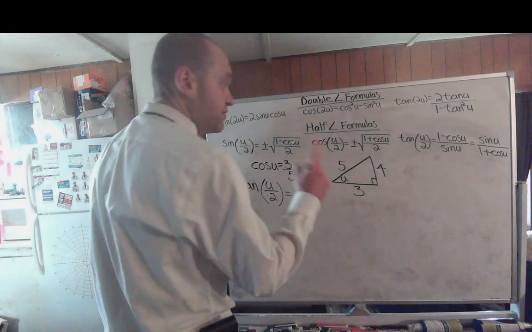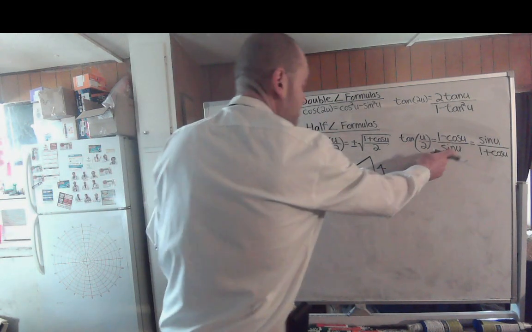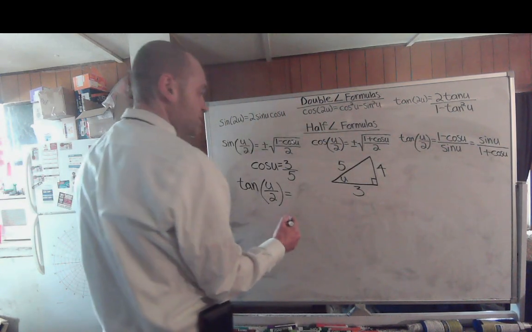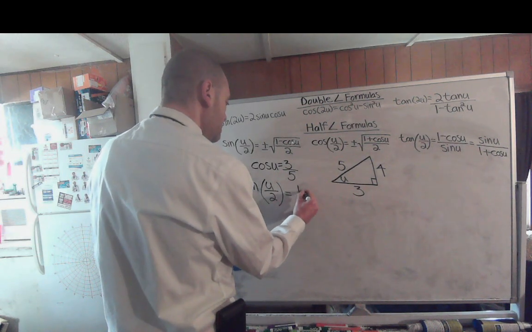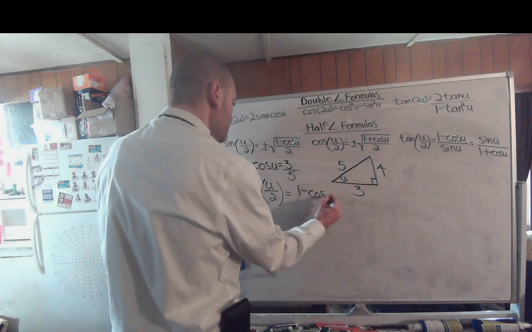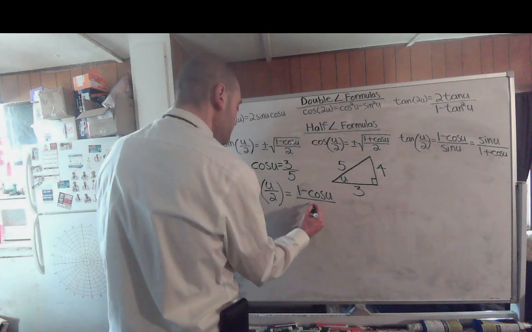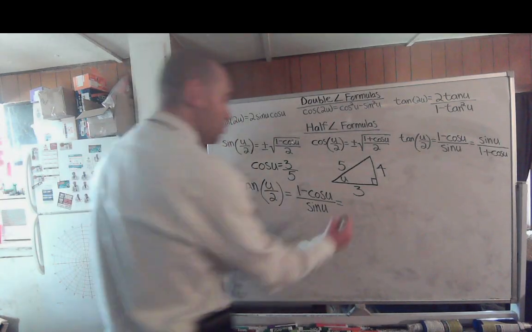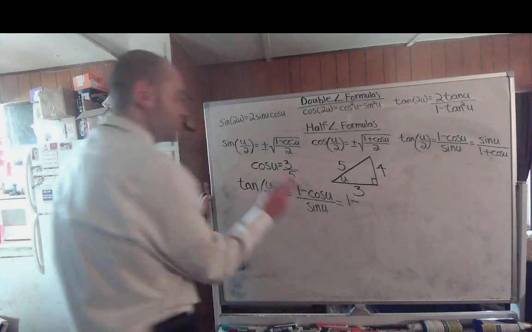So the tangent of u over 2, we do have a couple special formulas for. Let's use the 1 minus cosine of u over sine of u. So 1 minus the cosine of u over the sine of u, which is going to equal 1 minus, now what is your cosine of u?